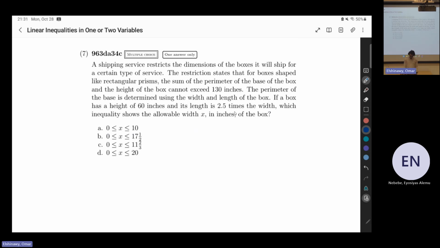Okay, so we're talking about the shipping service. There's a restriction on the dimension of the boxes. Okay. What's the restriction? It says that for boxes shaped like rectangular prisms, the sum of the perimeter of the base of the box and the height of the box cannot exceed 130 inches.